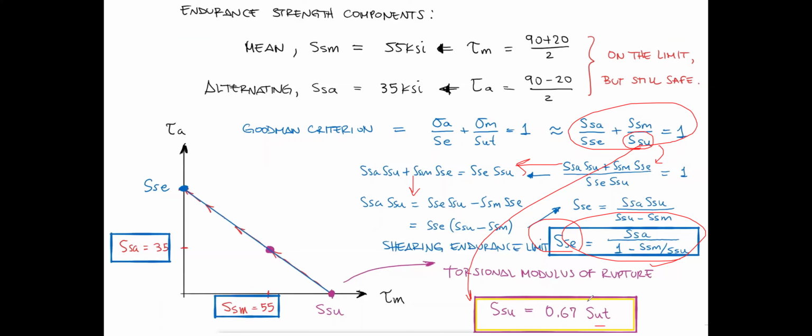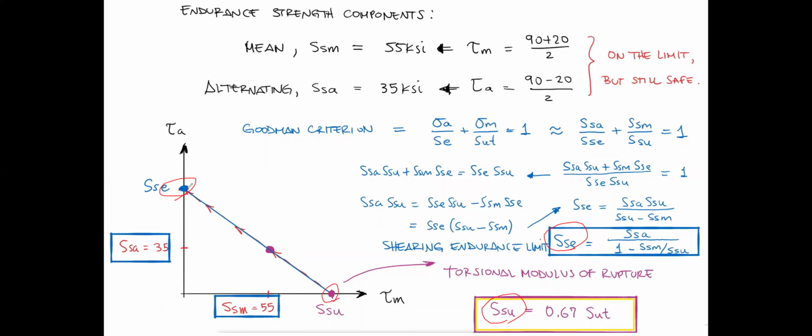SUT can be looked up by checking the A and the M coefficients. So in this case, we can figure out what the endurance limit is, and SSU. So we can point out 2 points, SSE and SSU, and this line defines the Goodman criteria.